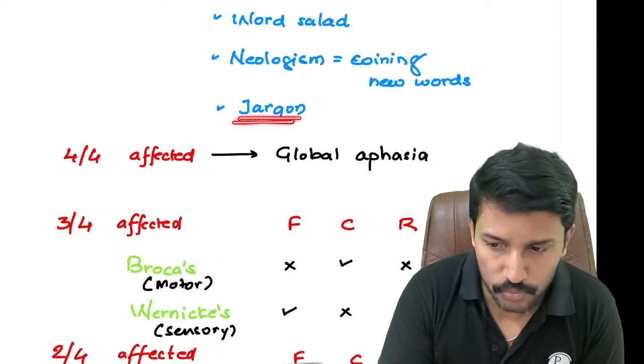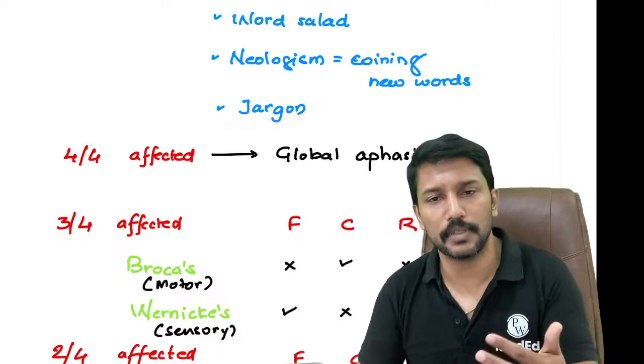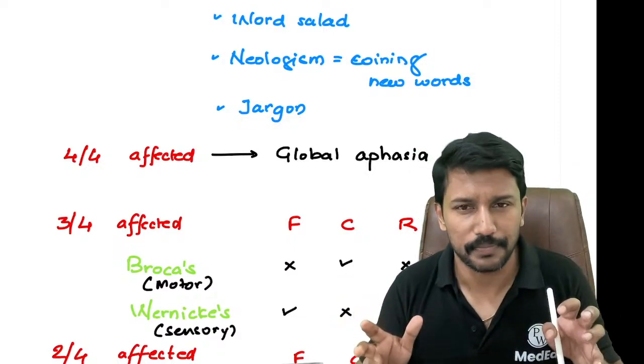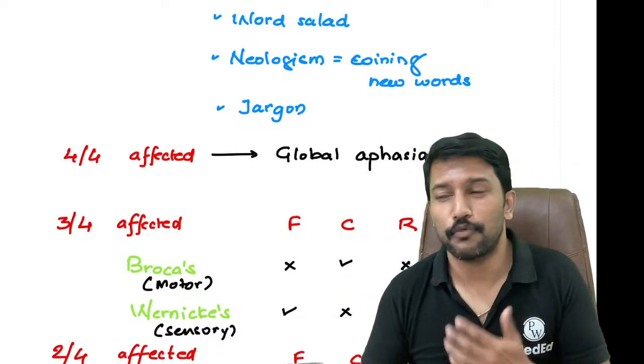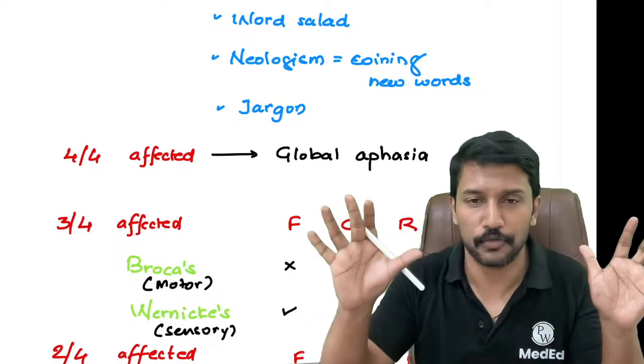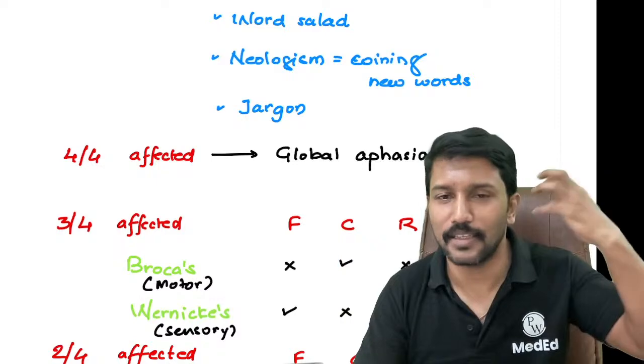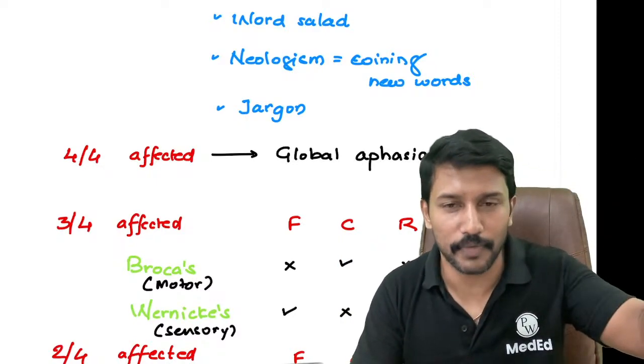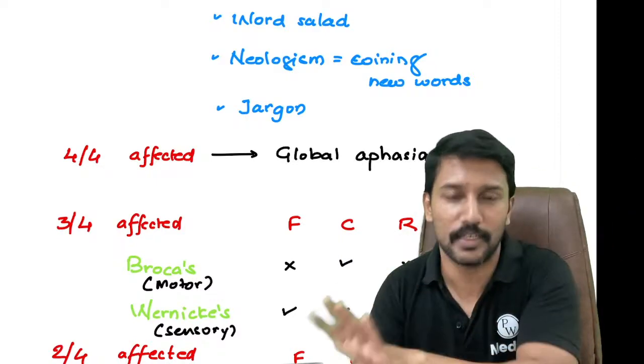Another word that they can use is jargon. Jargon refers to complex speech. Okay. So I would say that for me, Shashi Tharoor sir's language is jargon because it is full of complex words. He has a normal, higher level of understanding of the language. That is why he throws complex words.